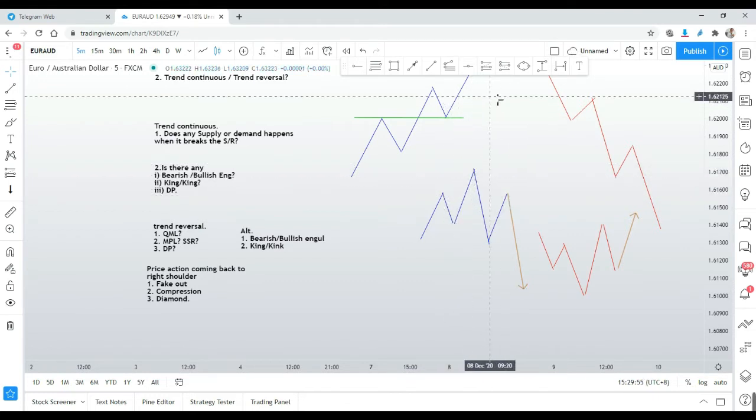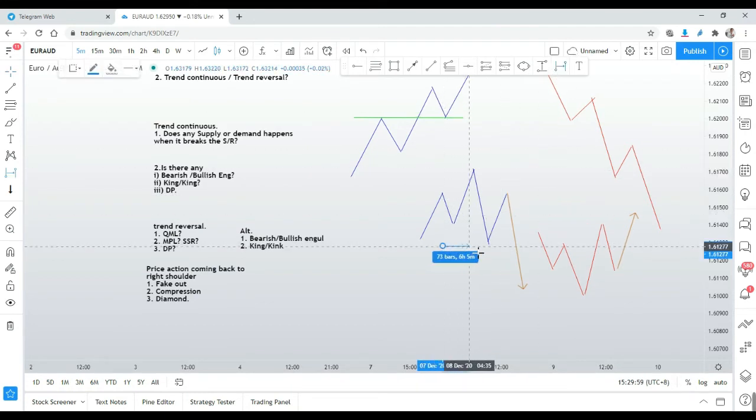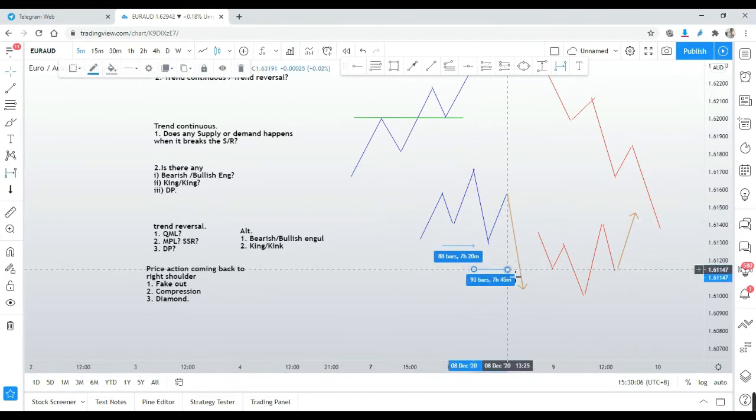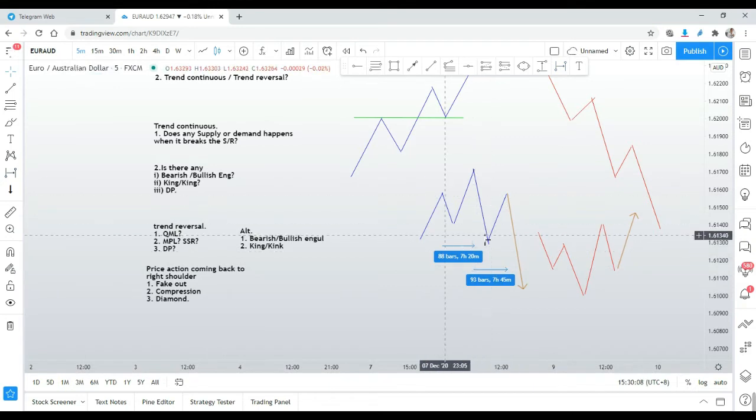For example, the range from here to here, and from the head to the right shoulder, is almost the same.